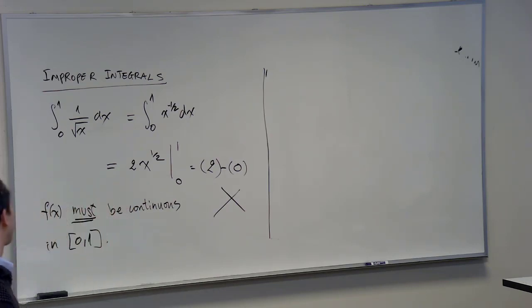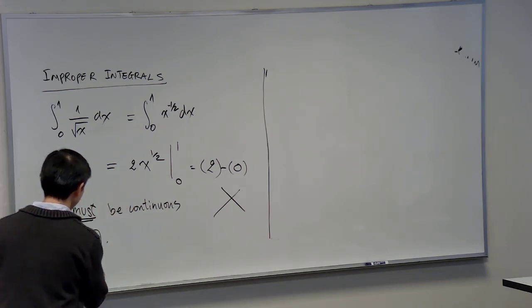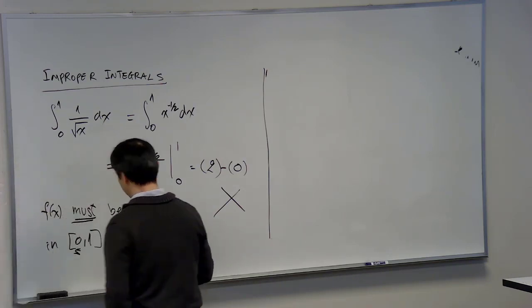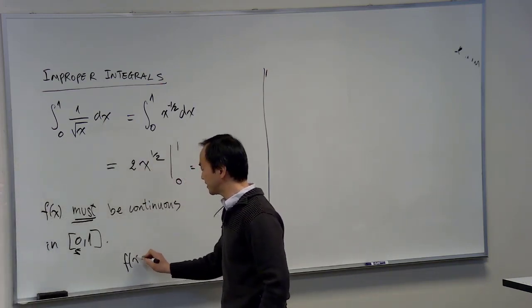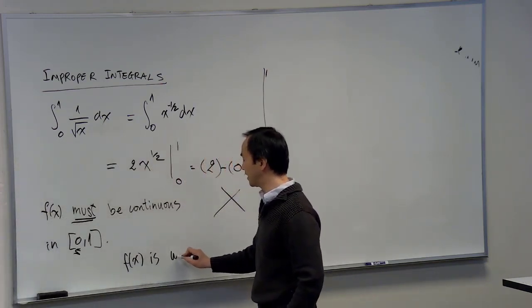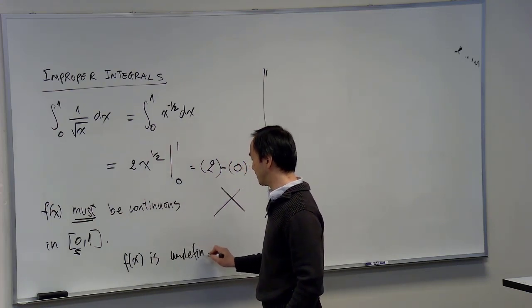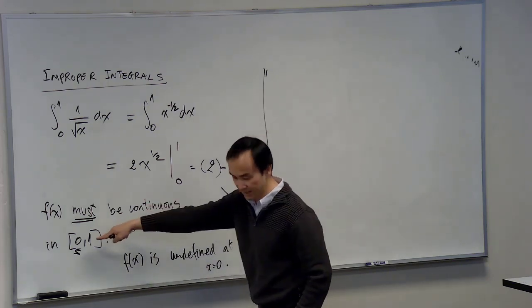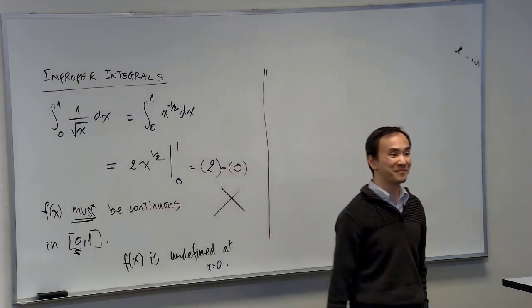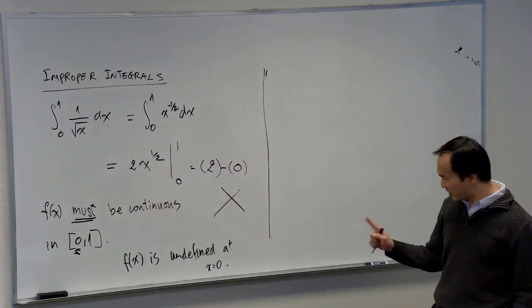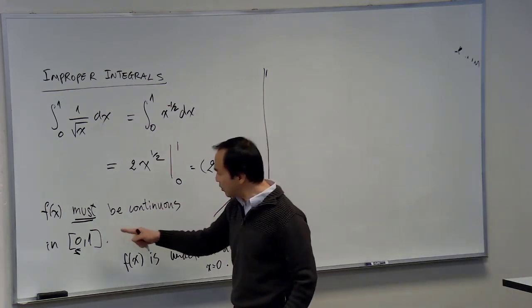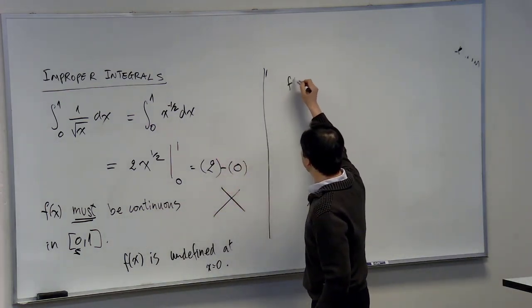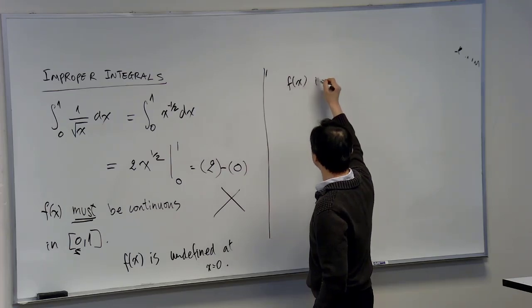It's not. The problem here is that f of x is undefined at x equals 0, which is right at that endpoint included in the interval.